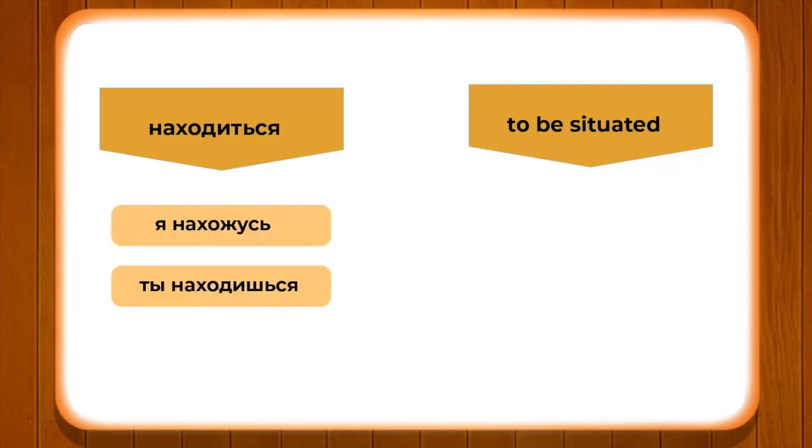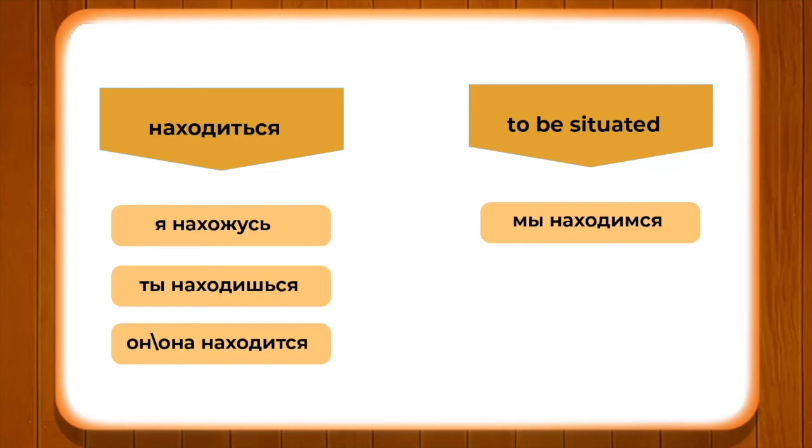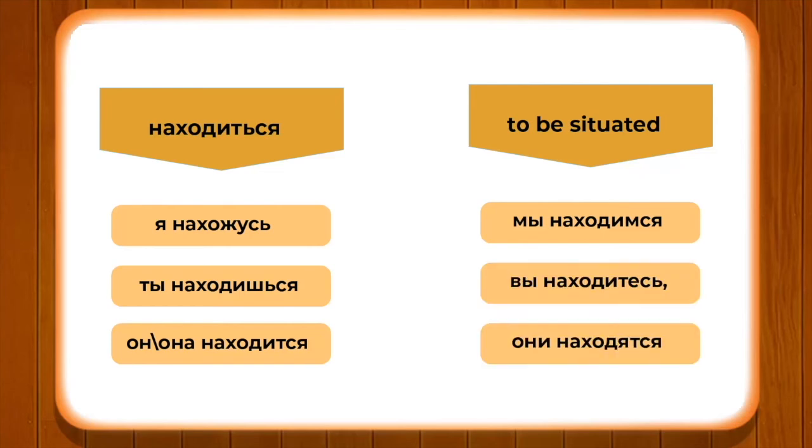Я нахожусь, ты находишься, она находится. So in this form you can conjugate the verb находиться. And further you can see мы находимся, вы находитесь, они находятся. So it is in continuity. You can also see that how do we use these different aspects of the verbs, but in this case this is a very important verb находиться, which means to be situated.